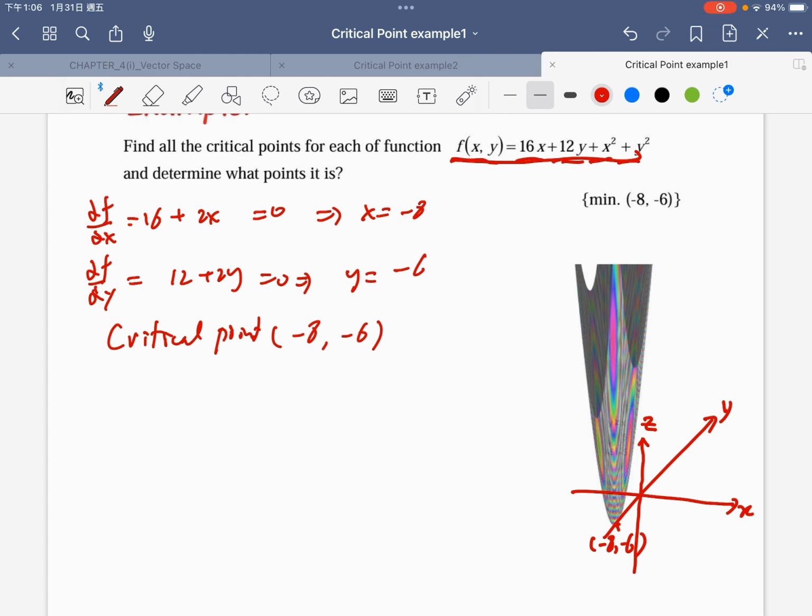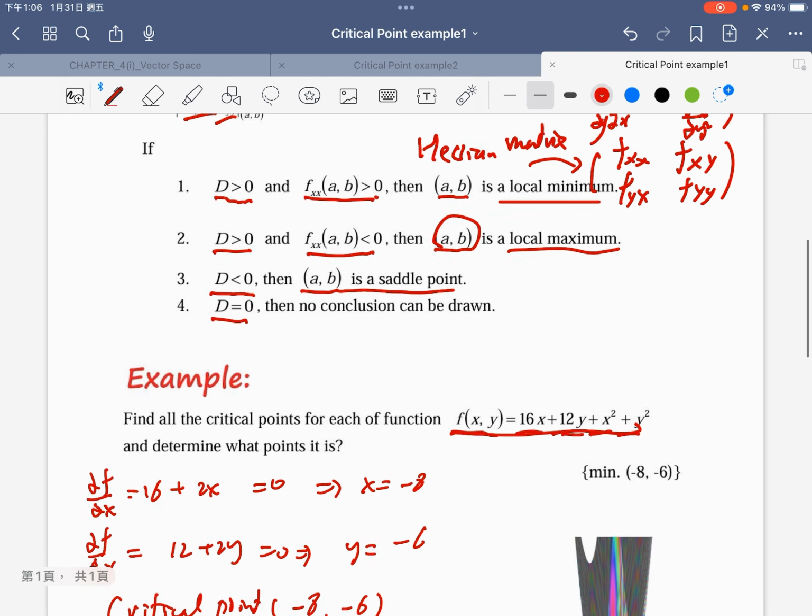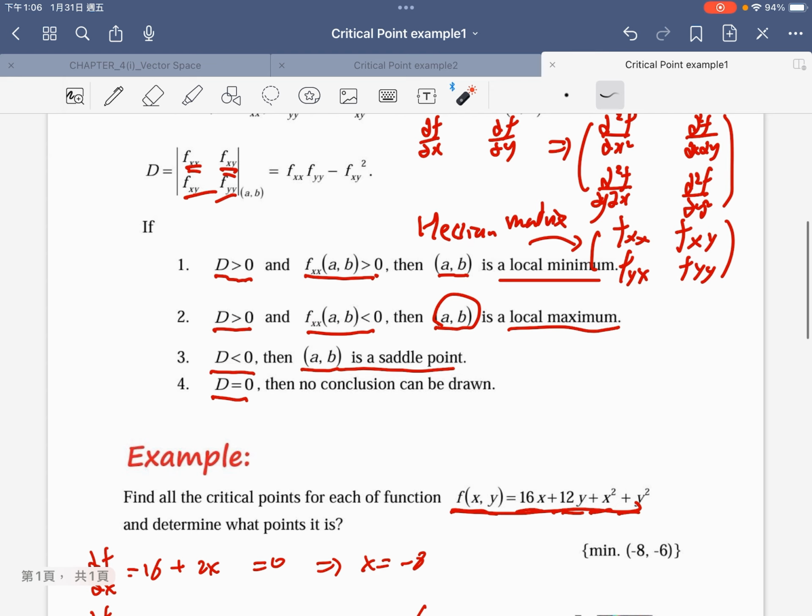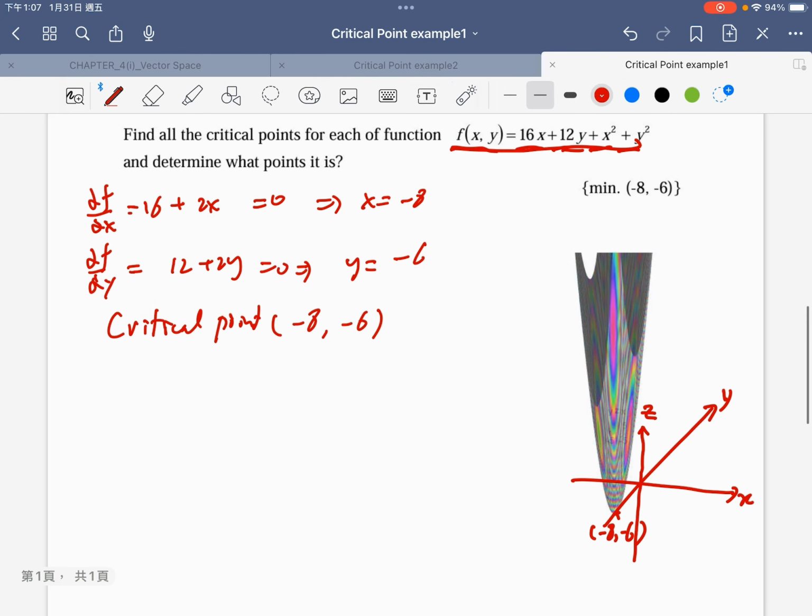To determine whether this point is a local minimum, local maximum, or saddle point, we have to calculate the Hessian matrix, denoted by fxx, fxy, fyx, fyy.